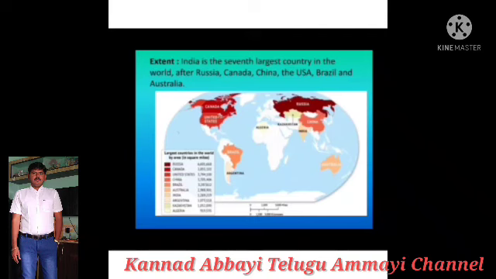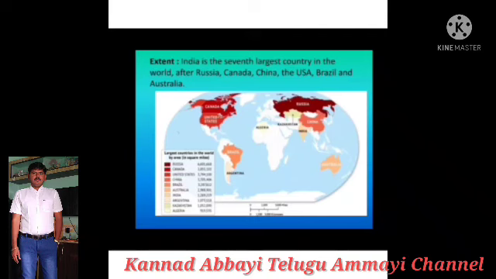India has both land and water frontiers. The land frontier of the country is about 15,200 kilometers.